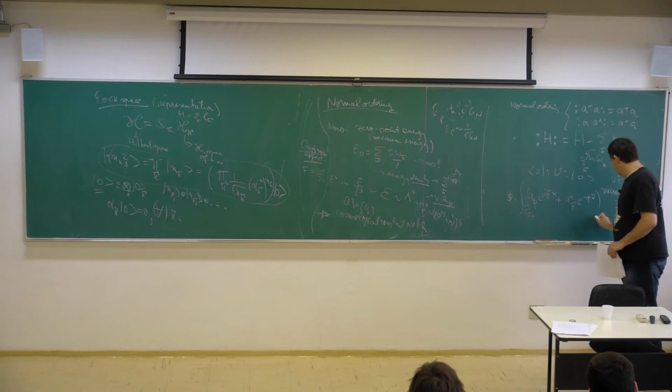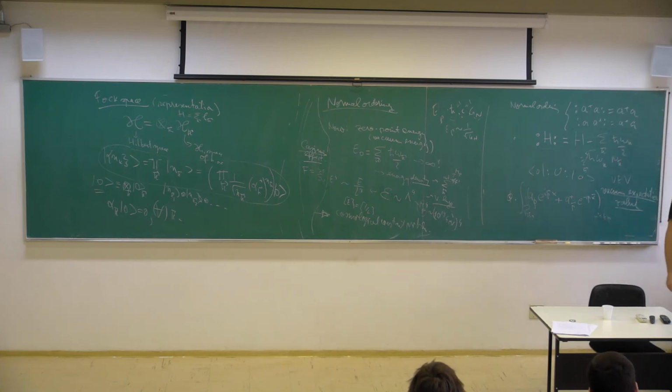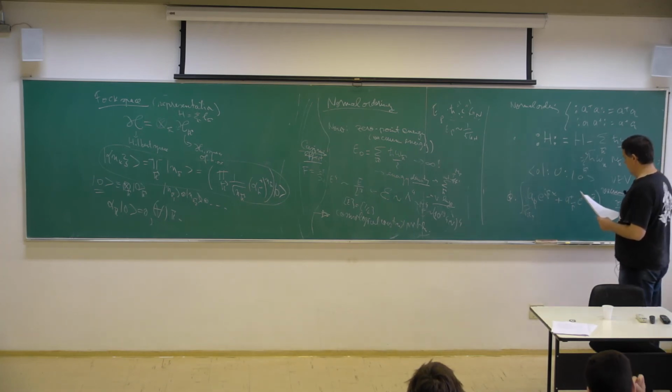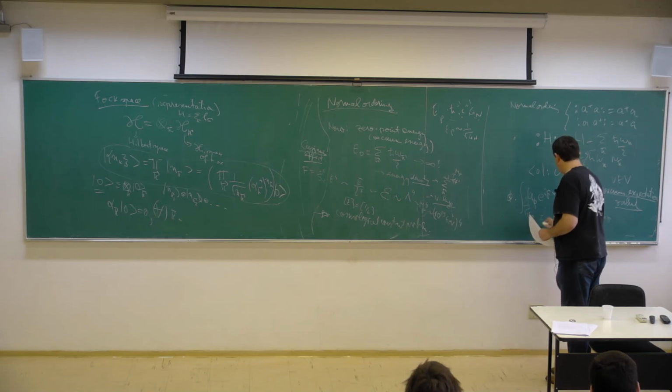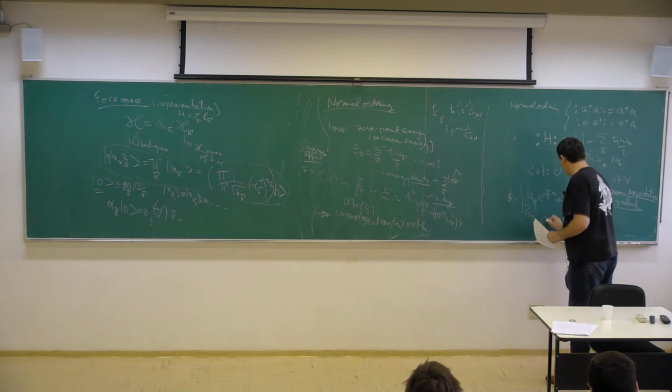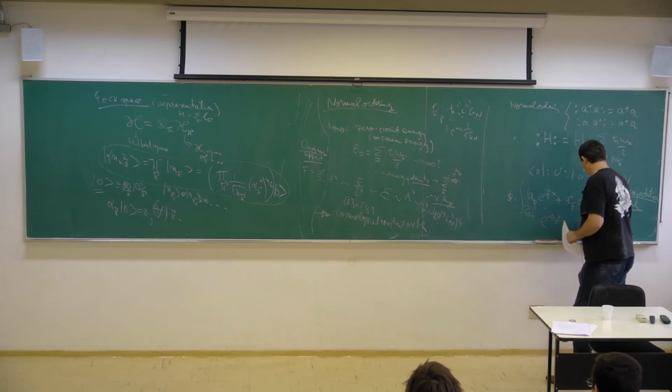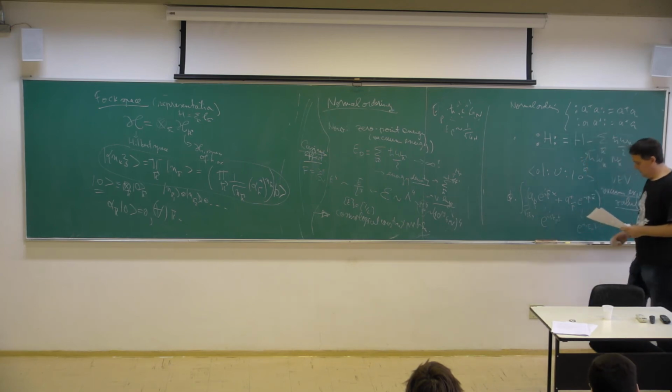And then p^0 here was this E_p, the relativistic energy of a particle. But that means that this term has e^{-iE_p t}, and this one has e^{+iE_p t}, right?